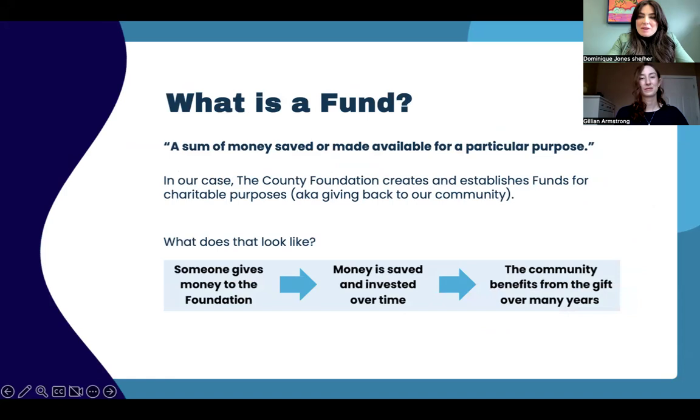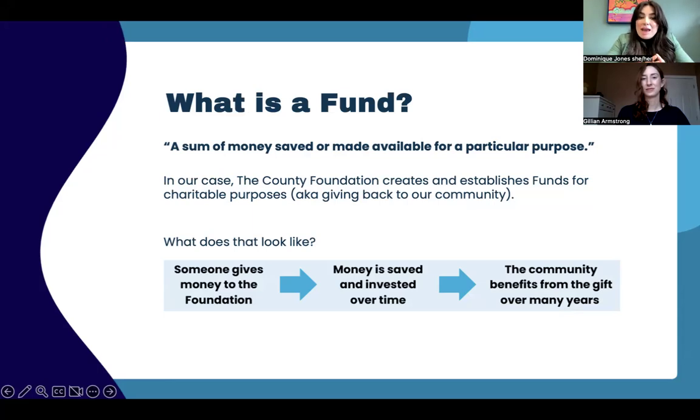So the question that we get asked quite often is, what is a fund? And we use this term quite often. So we thought it would be great to start with a bit of a definition here and what it looks like. So a fund is a sum of money that has been saved or made available for a particular purpose. And in this particular case, the county foundation creates and establishes funds for charitable purposes. So what does that look like exactly? So someone gives money to the foundation. We typically call them a donor or a donation.